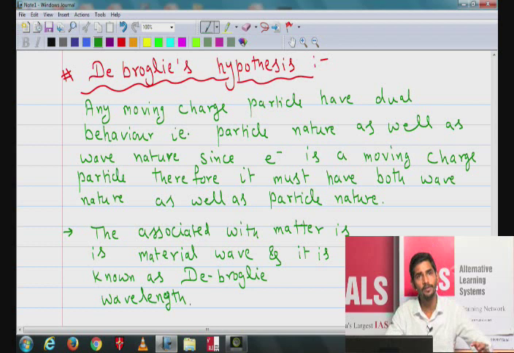That's why that wavelength is called de Broglie wavelength, nothing else. That's what the arrow point signifies. Is it now clear, Senapati? Is it clear now?